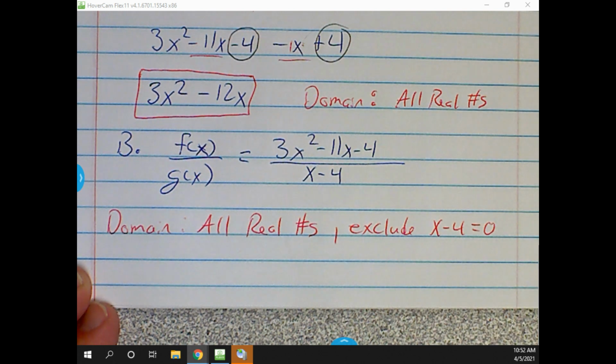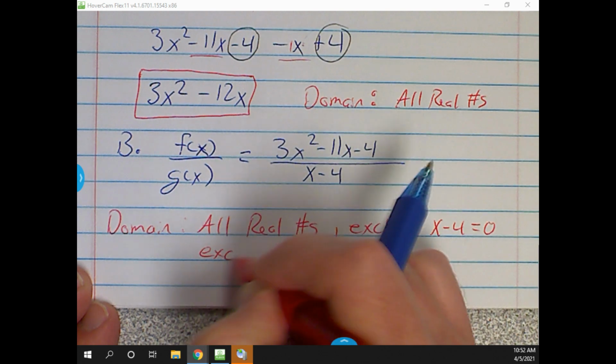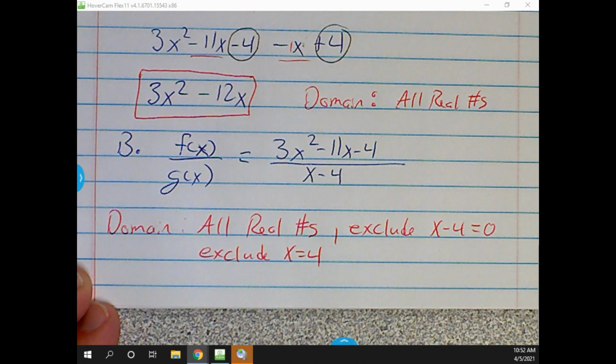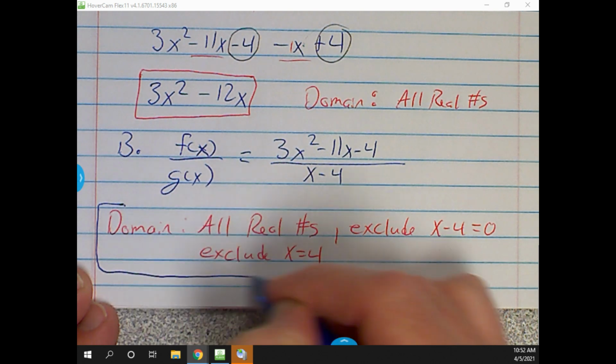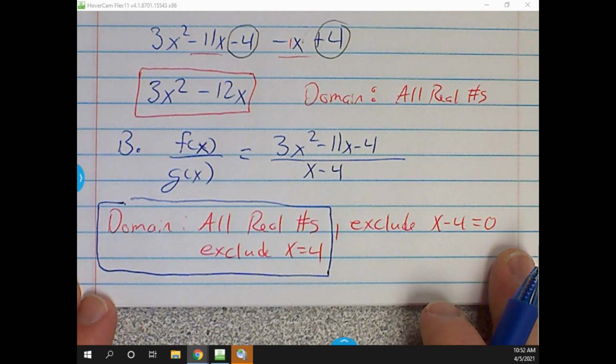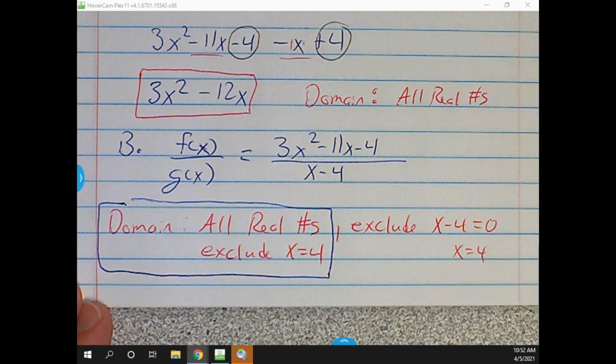But again, that one you just add the 4 to both sides, so that would be excluding x equals 4. Okay, so just set x minus 4 equals 0, then we're going to leave that out.